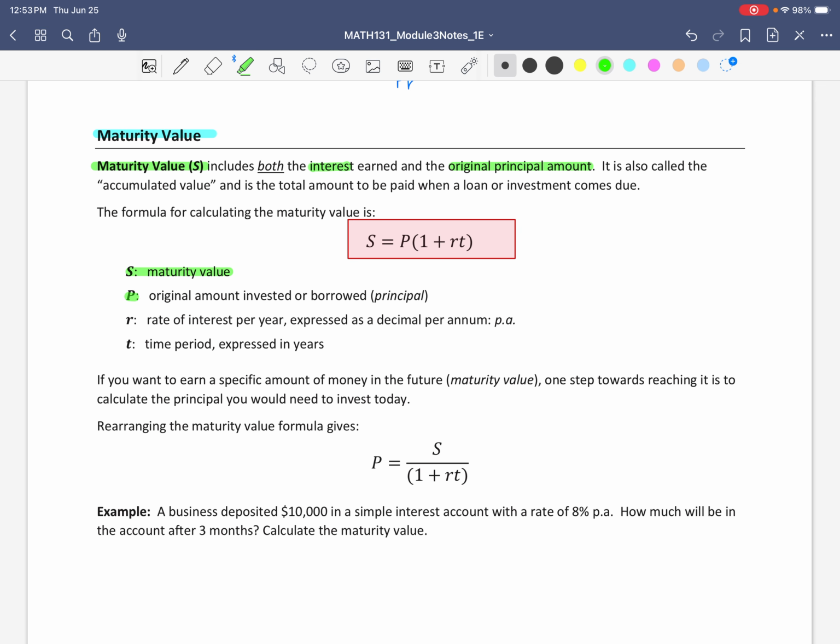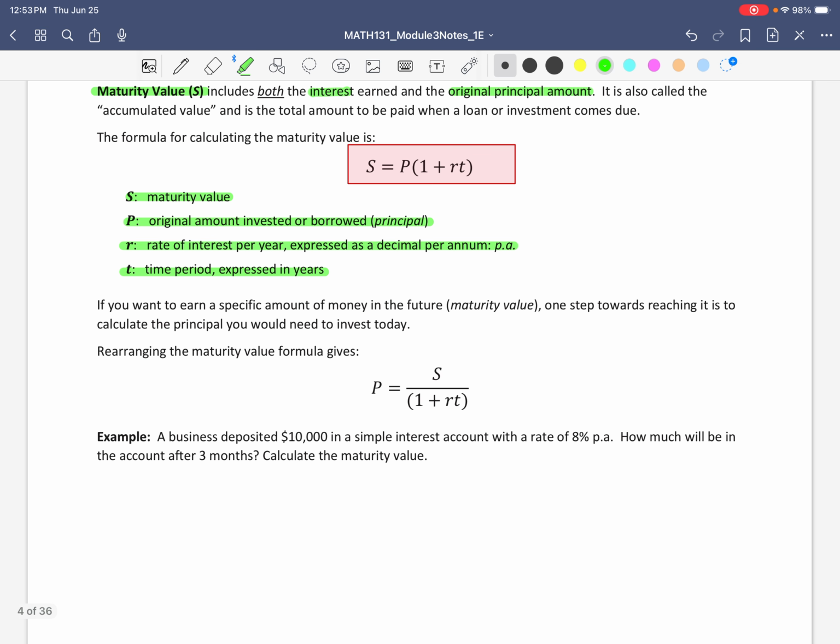So there are some variables here that we're familiar with already from our simple interest formula. And really the only thing that's new is this variable S, which is our maturity value. We still have P for the original amount invested or borrowed, so our principal. We still have our rate, we're still going to use it in decimal form, and we still have T, which is our time. So if you want to earn a specific amount of money in the future, what we refer to as our maturity value, one step towards reaching it is to calculate the principal you will need to invest today.